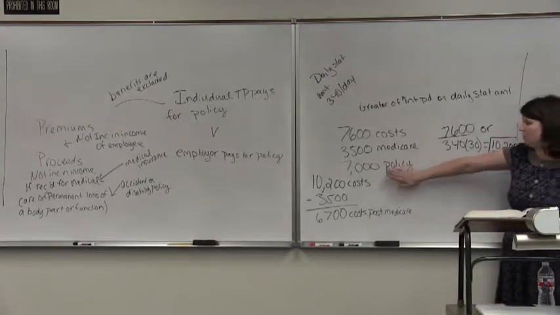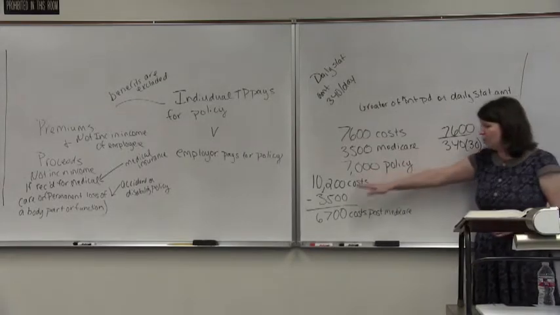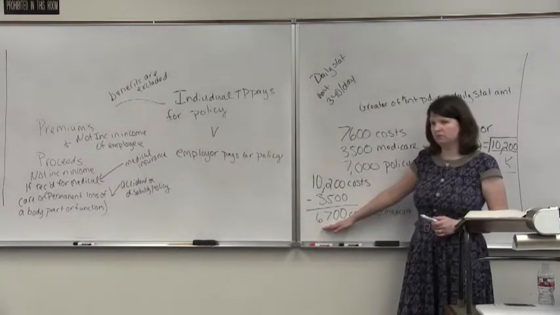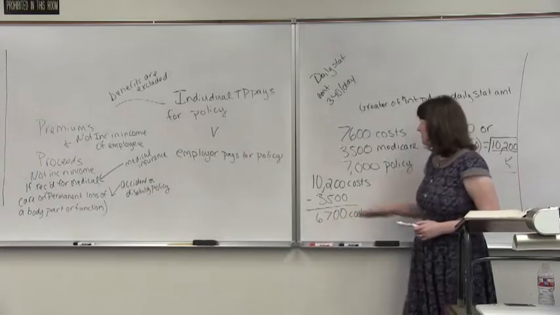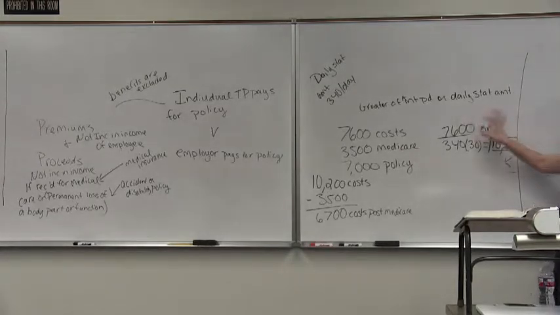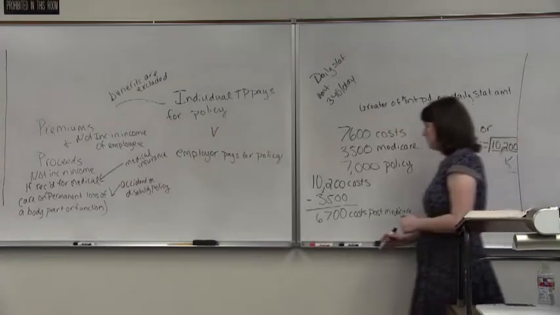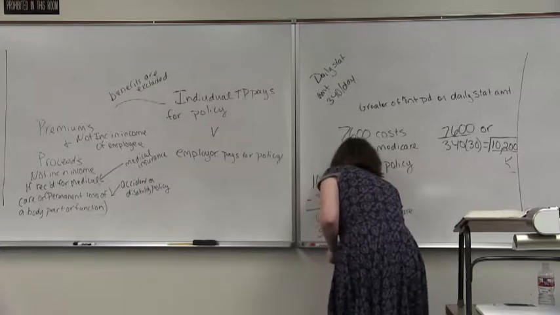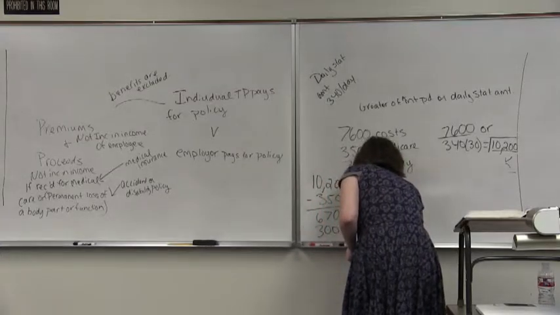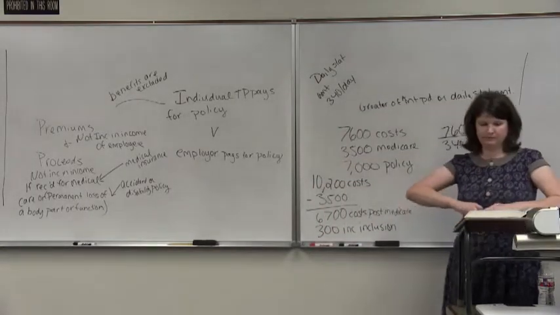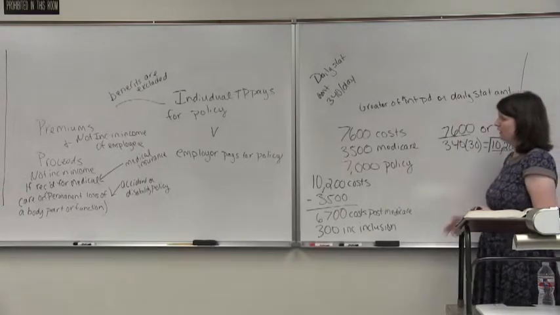The difference between what was paid out on the policy and what she used to pay for her long-term care. Okay? Note that we get to use this higher amount based upon the daily statutory rate. We don't have to use her actual costs, which means she has to include $300 in income. The remainder of $6,700 is excluded from income. Okay?